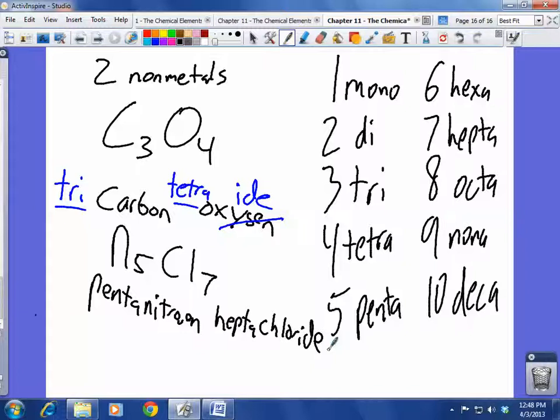So the last one, whether we're talking about metal and nonmetal or 2 or more nonmetals, it's always going to have that IDE.